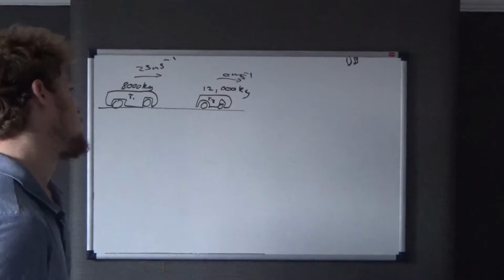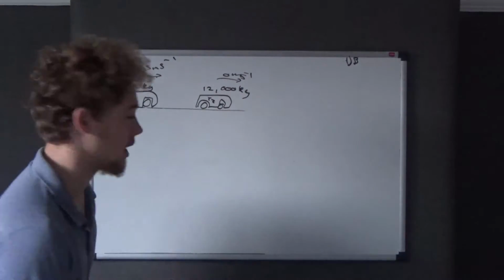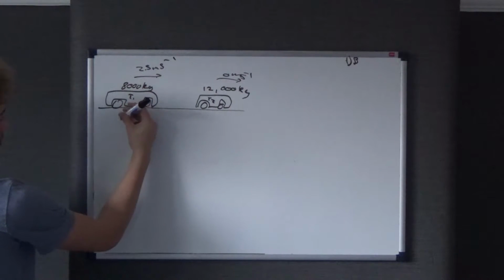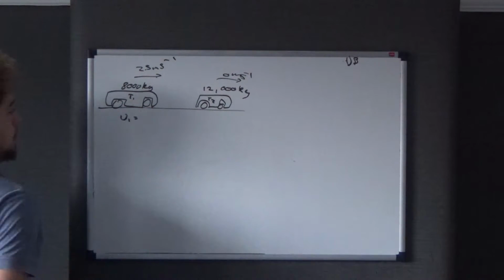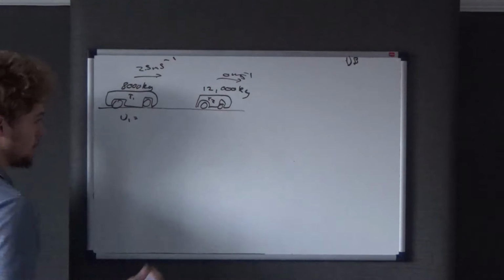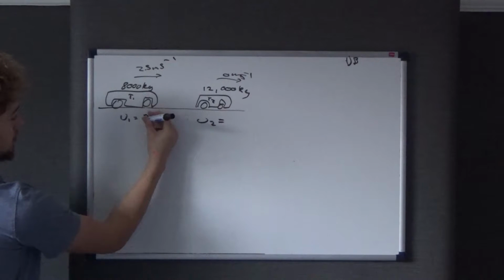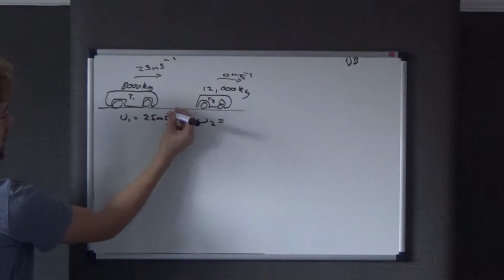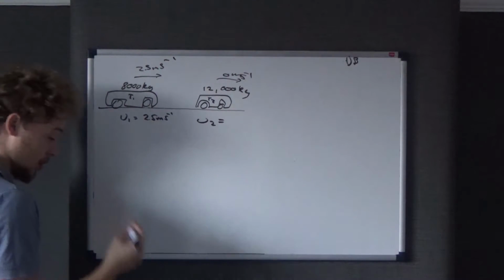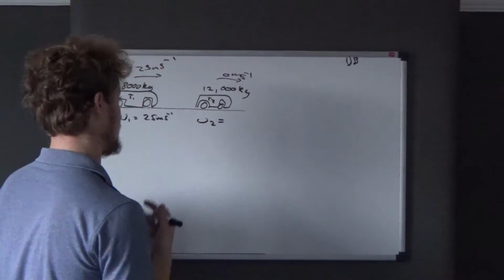Just to help you understand and apply to other questions, U1 is the speed of truck 1 initially, and U2 is the speed of truck 2 initially. Remember, we are talking about velocity here, so you're going to need a positive and a negative direction.